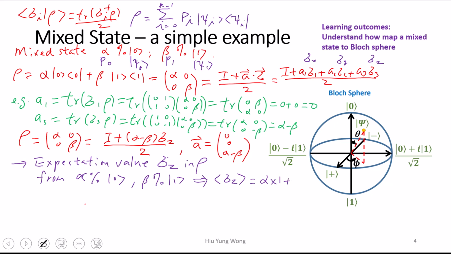But at the same time, I have beta chance of getting negative 1. And maybe when I say percent, this is actually confusing everyone. I should not call it percent.